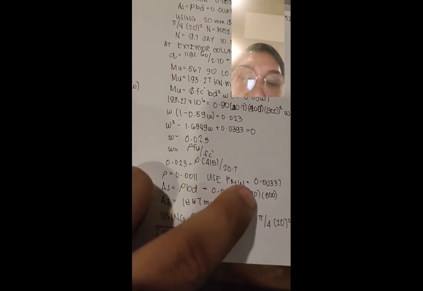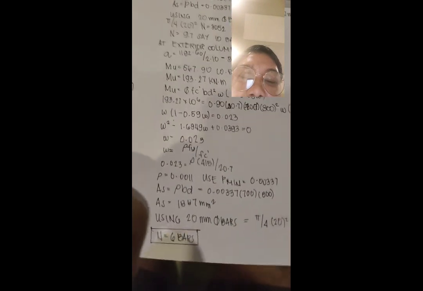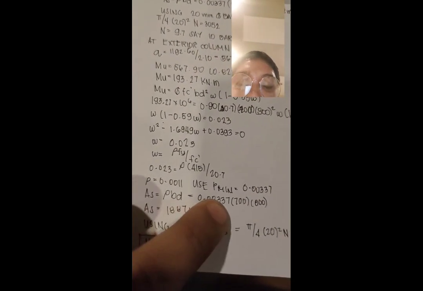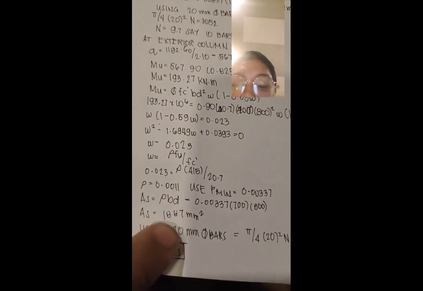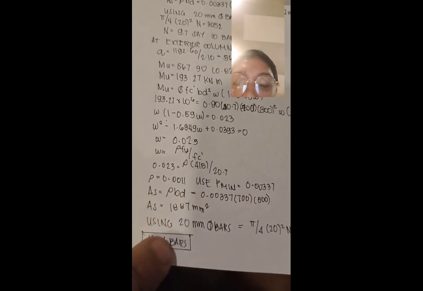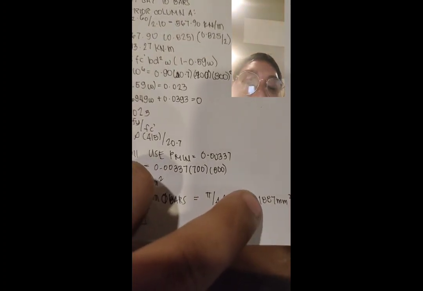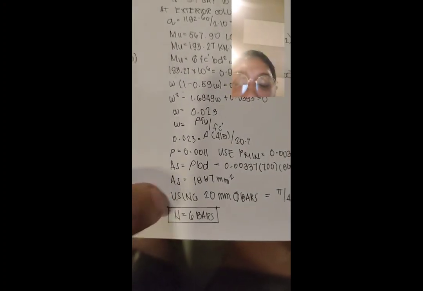Use rho min of 0.0037 because it is safer. So, the area of steel, we have rho bd again, so area of steel is 1887 mm squared. Using 20 mm bars, we have pi over 4 times 20 squared is equal to 1887. We get the number of bars as 6 bars.